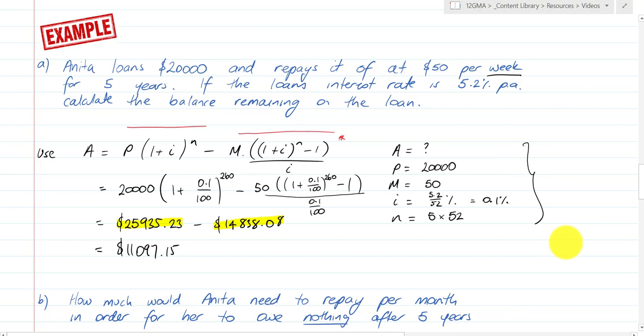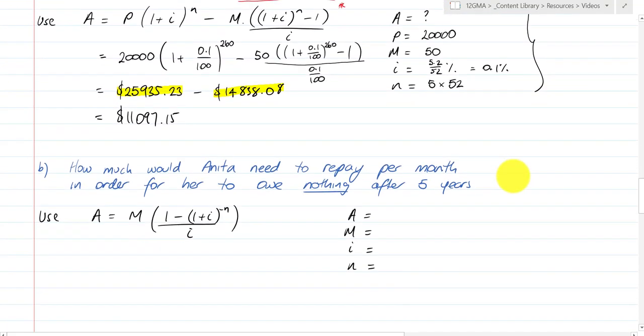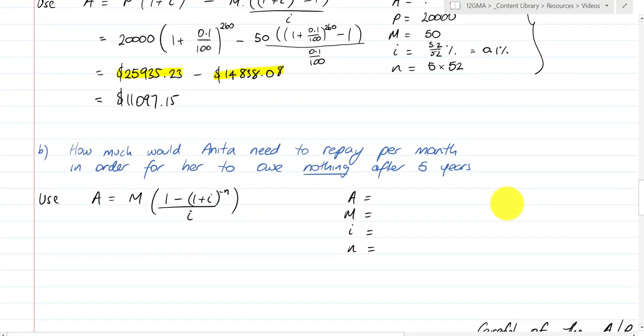How much would Anita need to repay per month in order to owe nothing after 5 years? So in this case, we go to that finished, completed loan stage. Now, A is the principal. I want to pay off $20,000, and then I want to work out my M value.